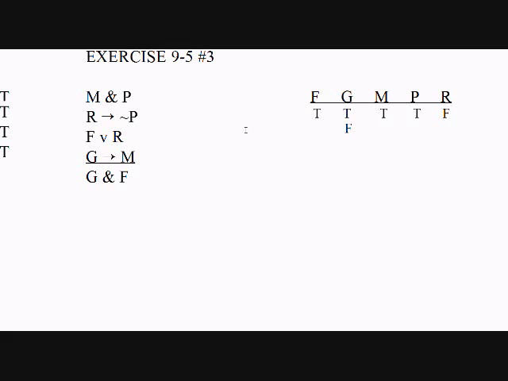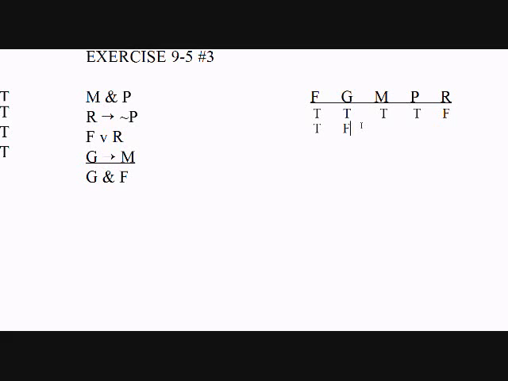If we then look to the conclusion, if G is true and if F is true, it would follow that the argument would be valid, but since G could possibly also be false and allow all of the premises still to be true, look at the following. F, we've been told, is true.